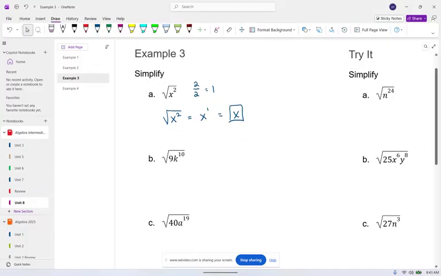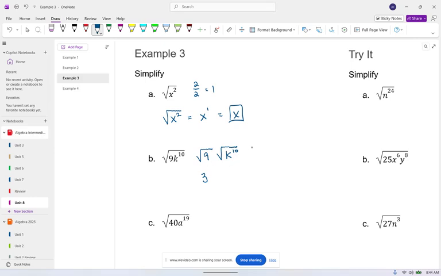Square root of 9k to the 10th. Okay, so we've got to break this down into the square root of 9. We're going to break it down into its number and its variable. Square root of k to the 10th. I start off with the square root of 9. I go back to my list of square roots, and 9 is on there. The square root of 9 is 3.